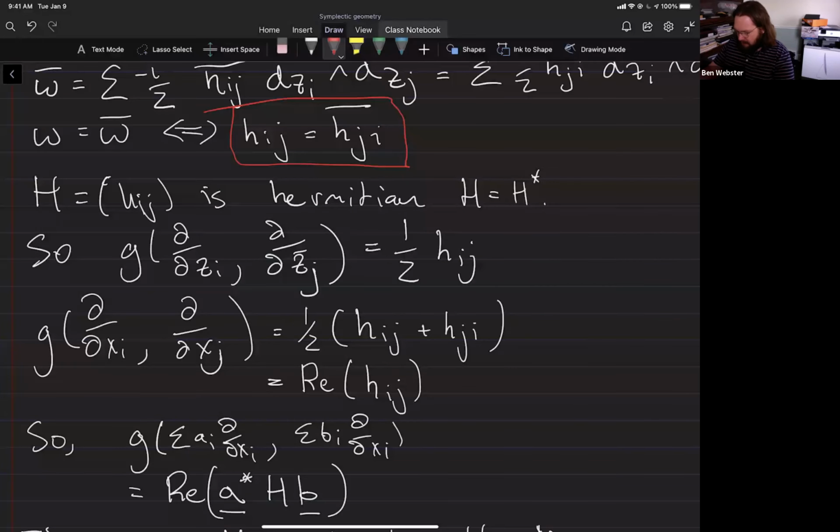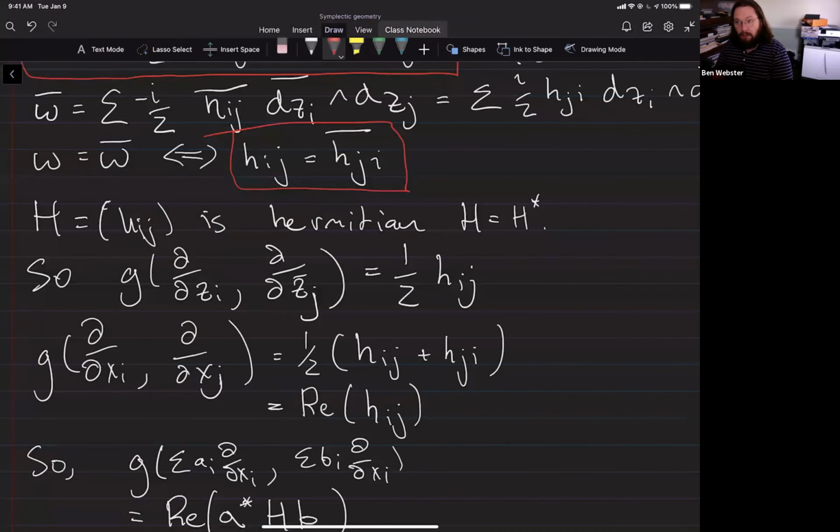And it's useful to think about what the metric g is in terms of this matrix, right? So to compute the metric g, what's going to happen?